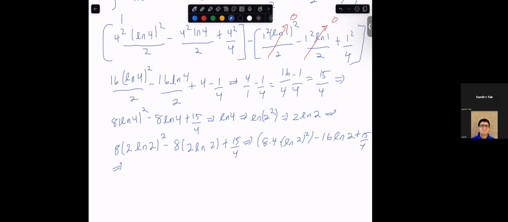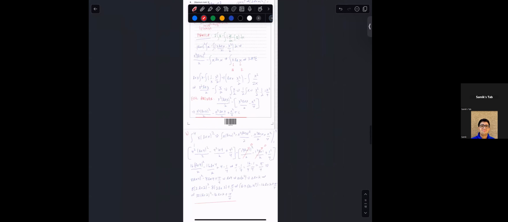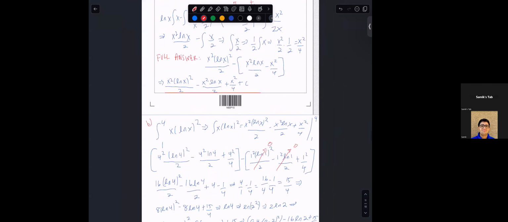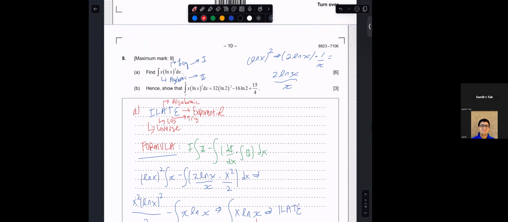So this is now 32 into ln 2 whole square minus 16 ln 2 plus 15 by 4. And that's our answer right there. So is that correct? Let's see. Did we get the same answer as what they're saying we should show? 32 into ln 2 whole square minus 16 ln 2 plus 15 by 4. Yes. So we got part B correct, so that means our part A's also correct.